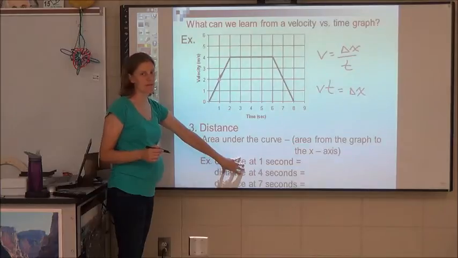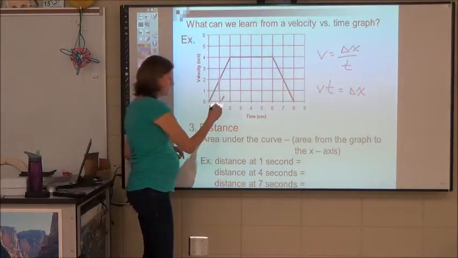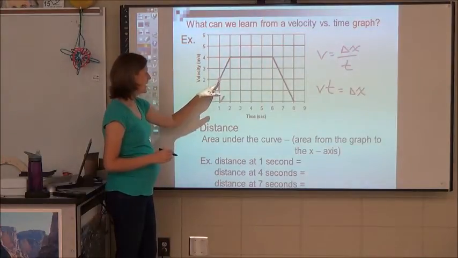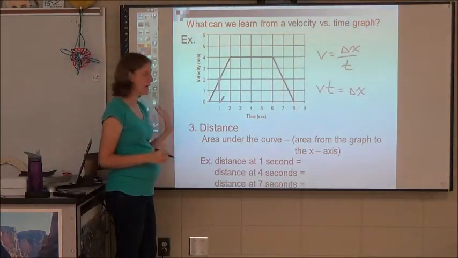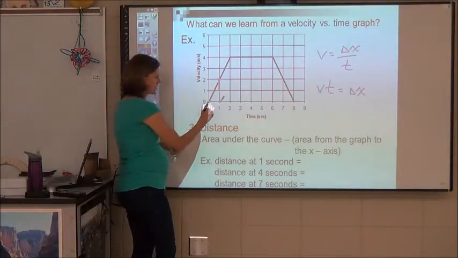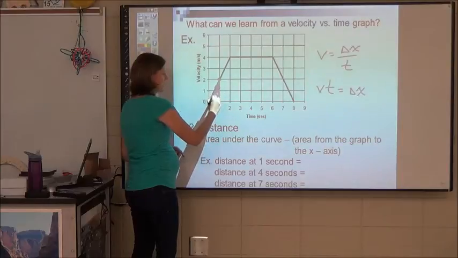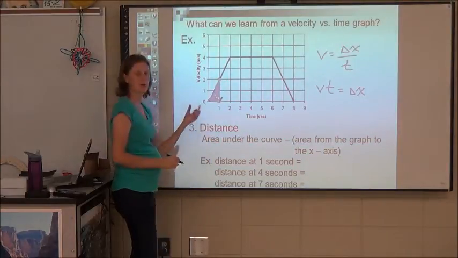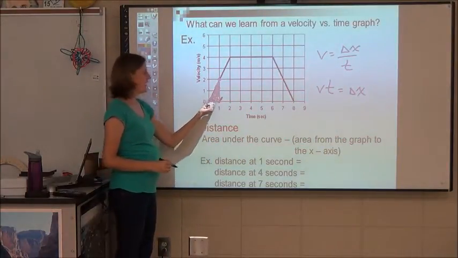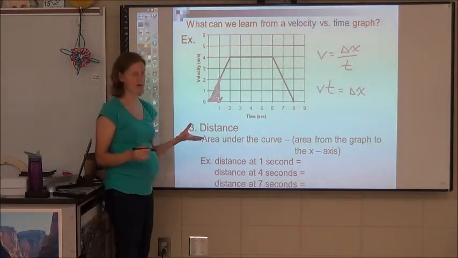This could have been from the negative direction straight up, but in this case, we're going to go straight down and all the way back to the beginning of time. If I want to know the distance I traveled since time was 0, we've got to start at 0. Basically, I need to find this little bitty area, the area under the curve right there. And that looks like a nice little triangle. So it really helps if you know your triangle area.